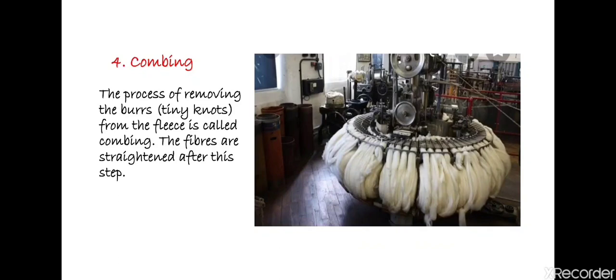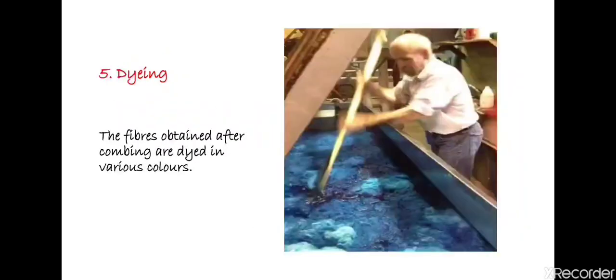Next point is combing. What is combing? Combing is basically the process of removing burrs. Burrs are tiny knots from the fleece. In this process the fibers are straightened. After this step, the next step is dyeing, and in this step the fibers obtained are dyed in various colors.